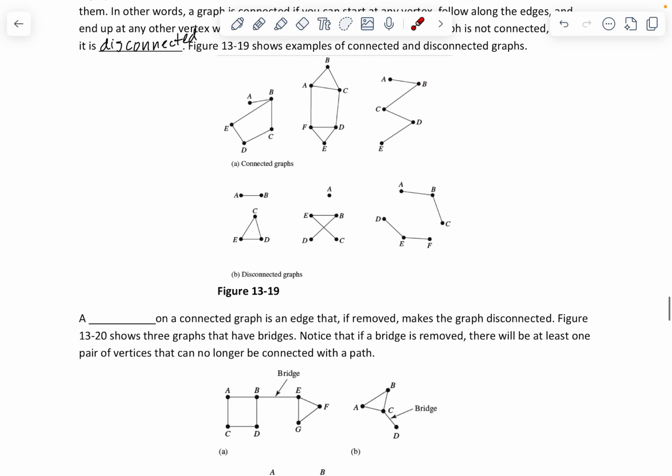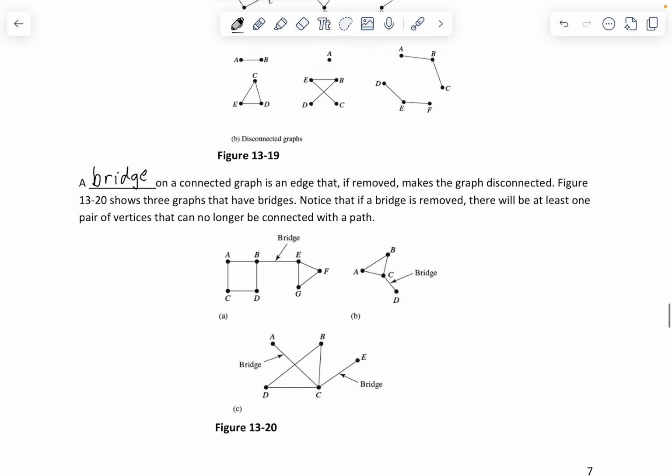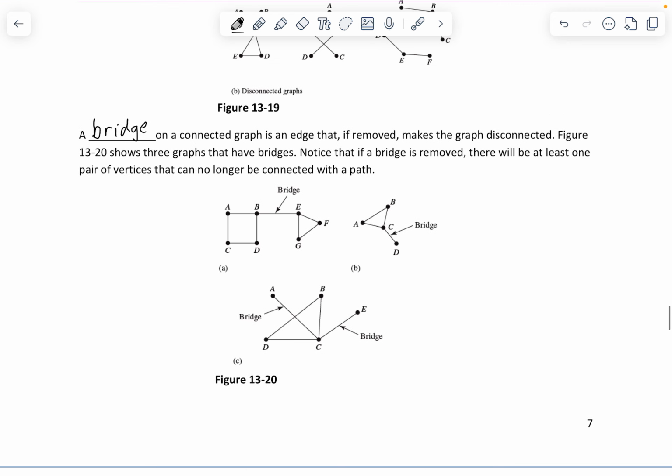A bridge on a connected graph is an edge that, if removed, makes the graph disconnected. Figure 13.20 here shows three graphs that have bridges.